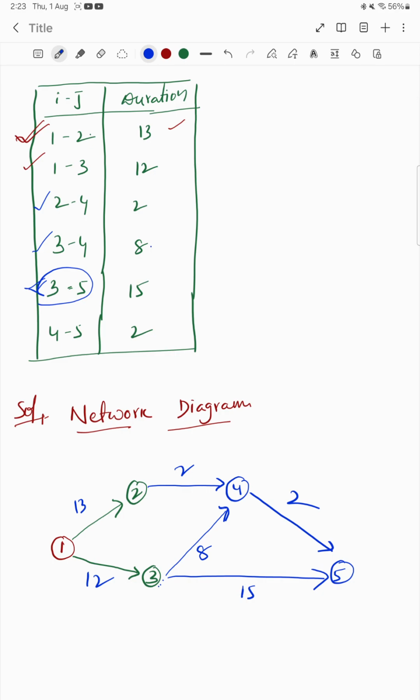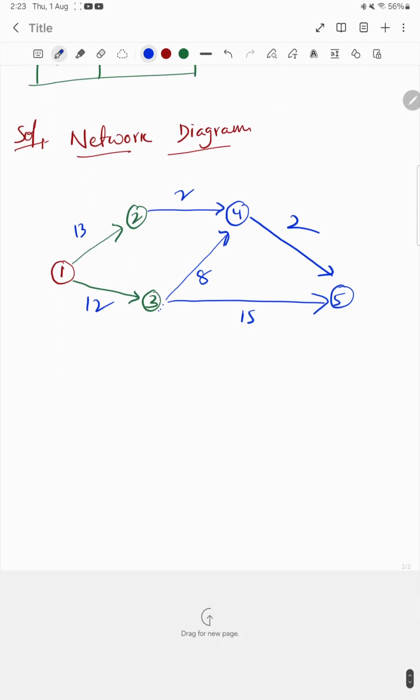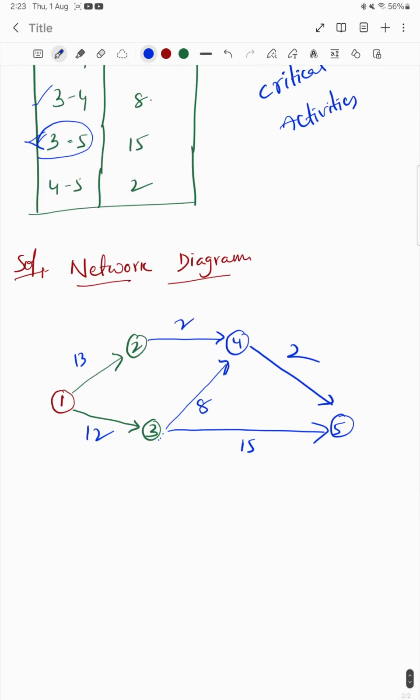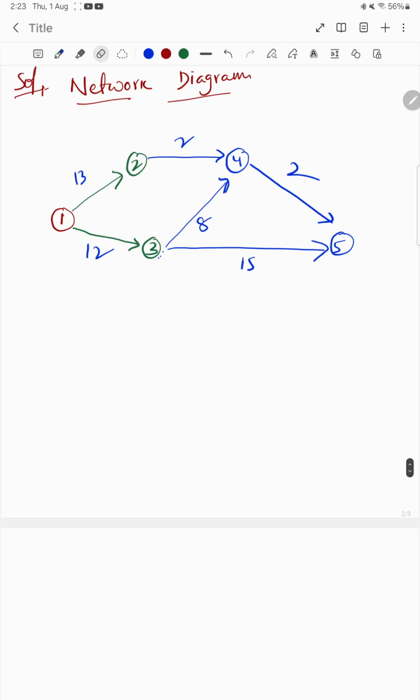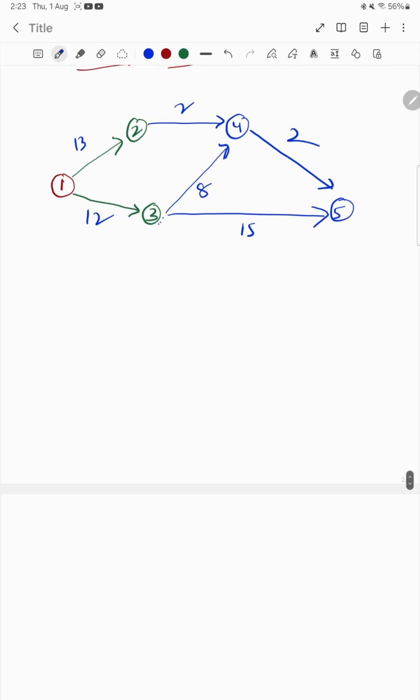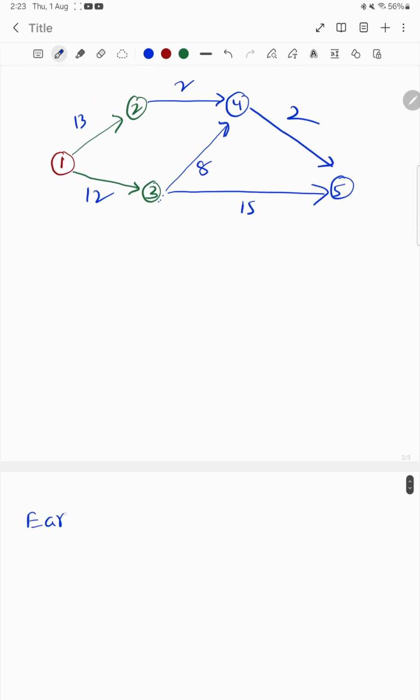Now to find the critical path, we need to find the critical activities. To find the critical activities, we have to calculate earliest times and latest times. I'm calculating the earliest times here.